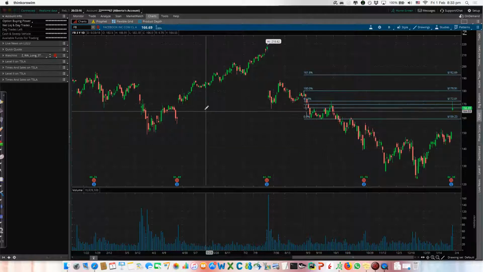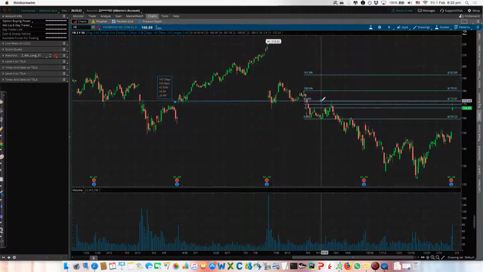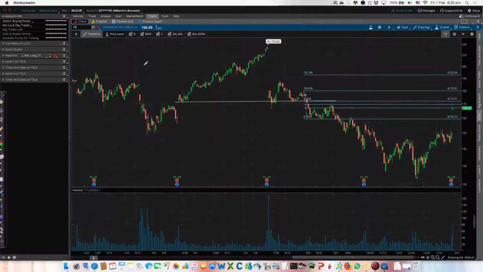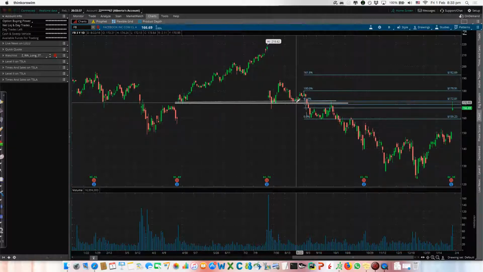Here, for example, you can also realize that around this level, there is also a possible support, you see, tested 1, 2, 3 times, and then it became a resistance.